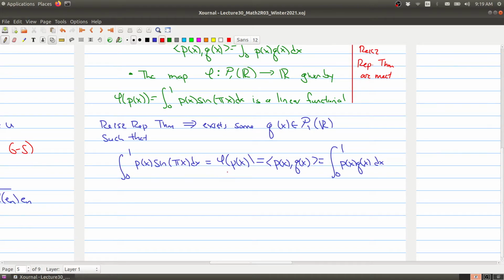Okay, so right here, this equal sign exists by the Riesz representation theorem.